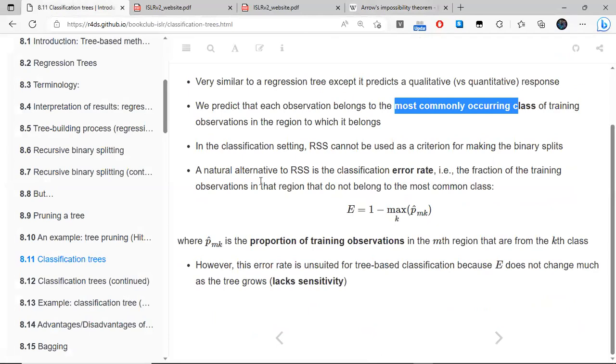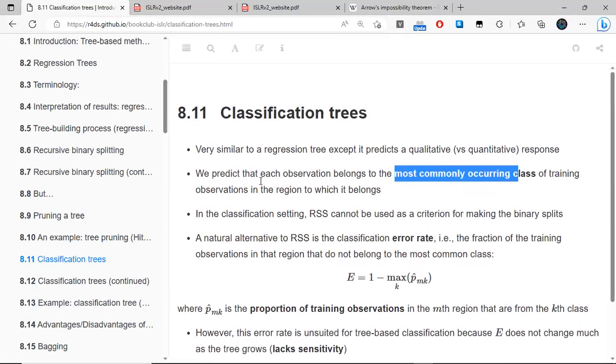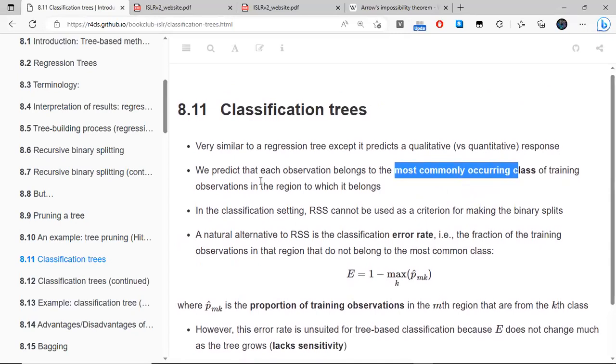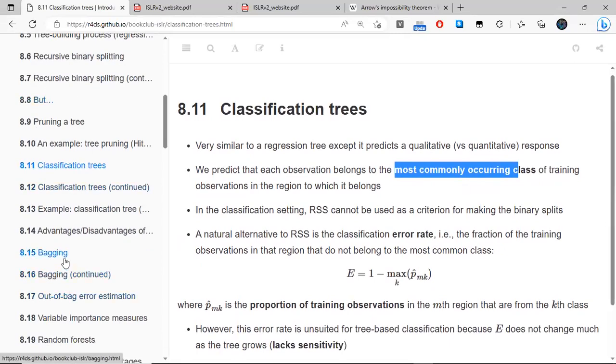Something that I will mention when we look at classification trees in the context of bagging. I will share the name right now to mention it later on.